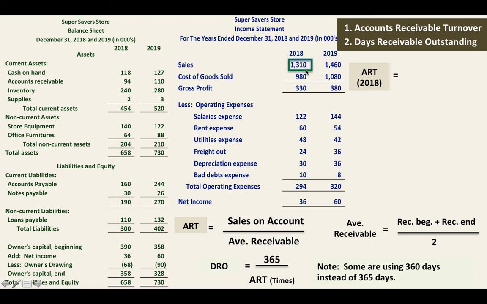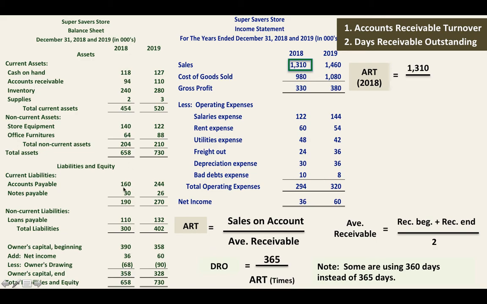So here, 1,310 as the sales divided by, it's supposed to be average receivable, but since we don't have the beginning because we don't have the 2017, these are all ending amounts as of December 31, 2018 and 2019.